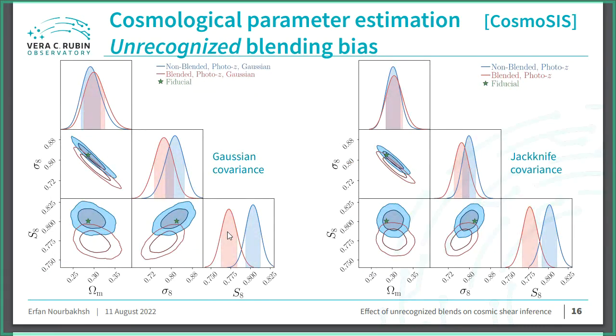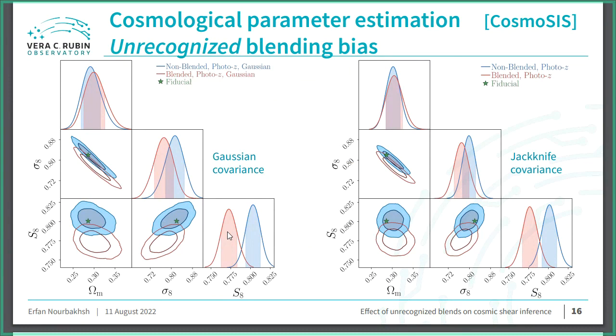On the left, you see my results using Gaussian covariance, and on the right, using a jackknife covariance for my sample. In both of these plots, in blue, you see the non-blended case, and in red, you see the blended case. The fiducial value is shown here by a green star.